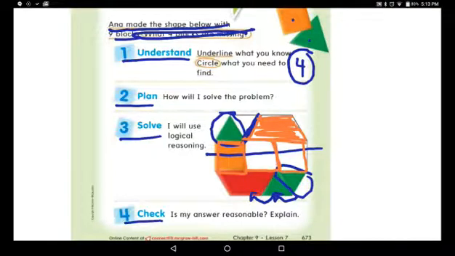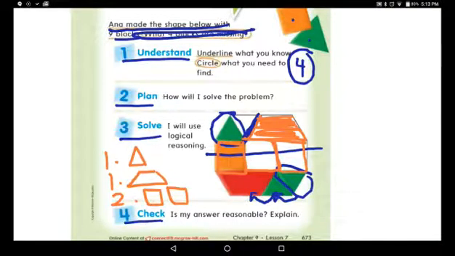So the missing four blocks that they need me to find were one triangle, right? And one trapezoid, and how many squares? And two squares.